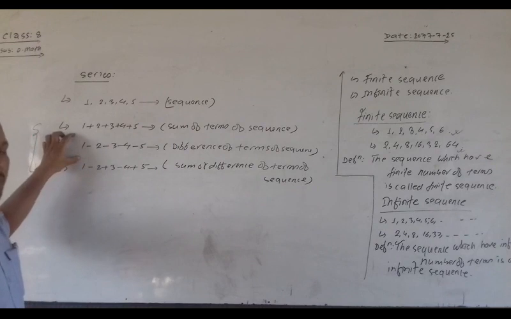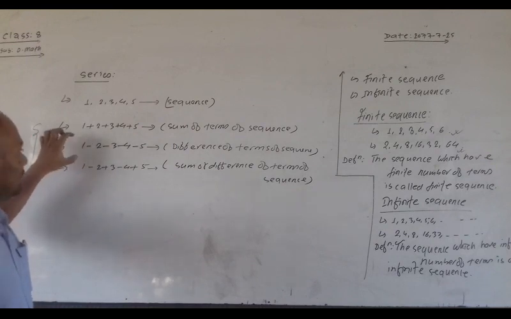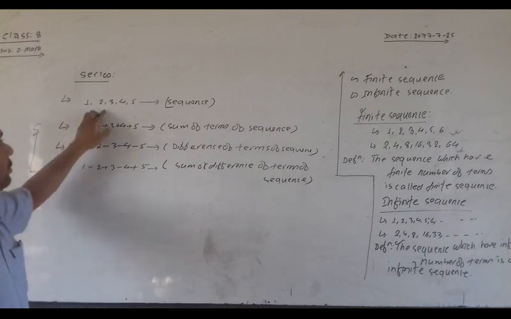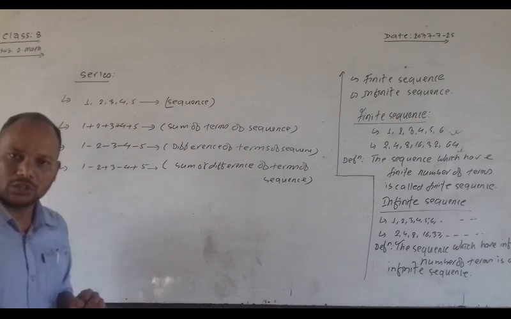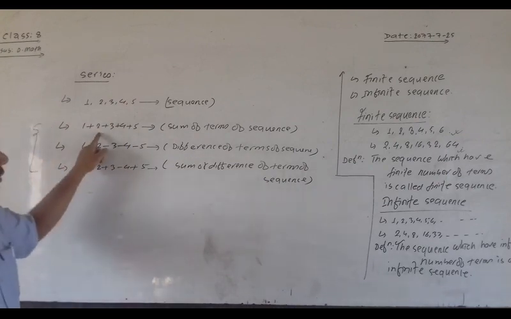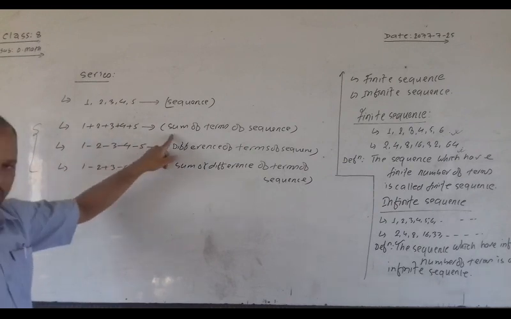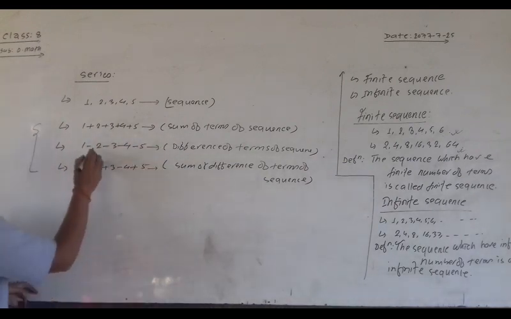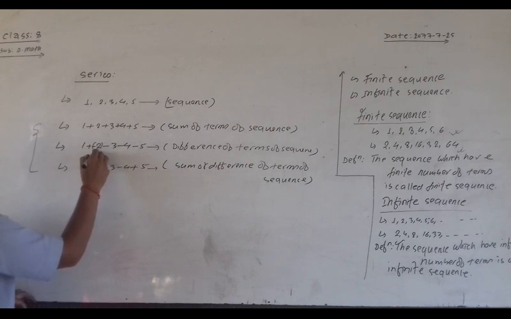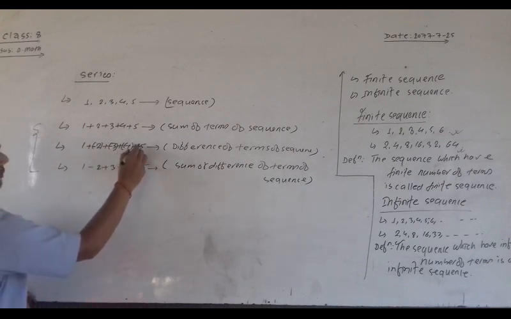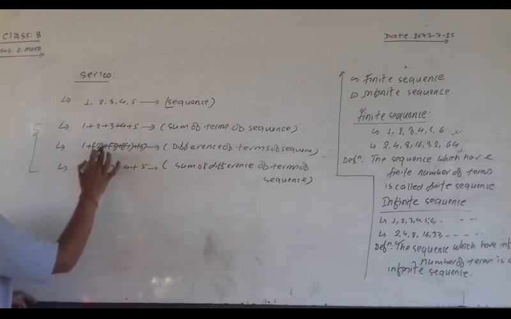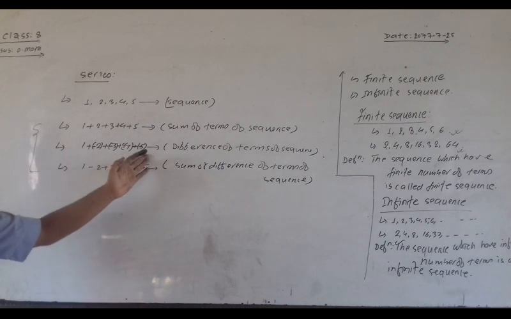When we find the sum or difference of the terms of the sequence, this is also indicating the sum, because when we write here plus and this is minus, plus, this is minus, then it is also called sum.